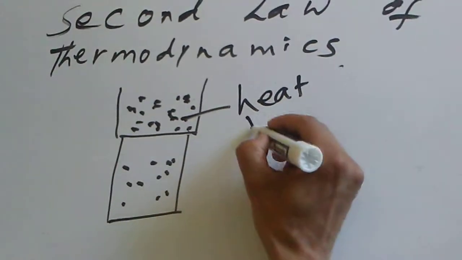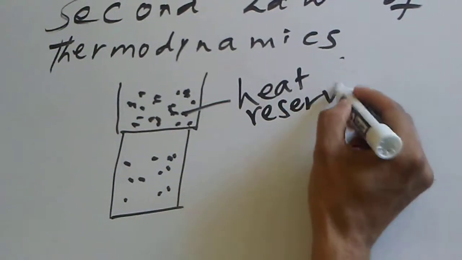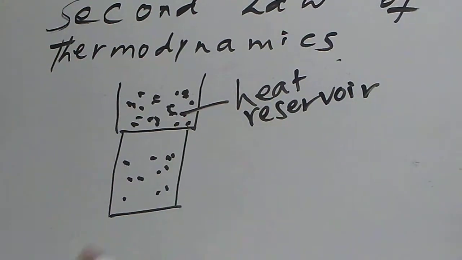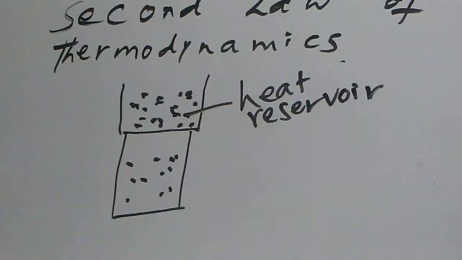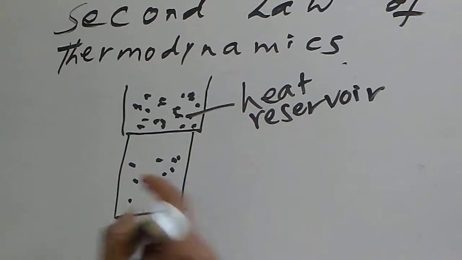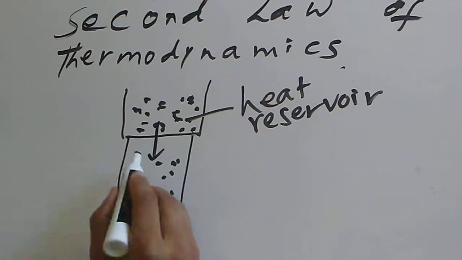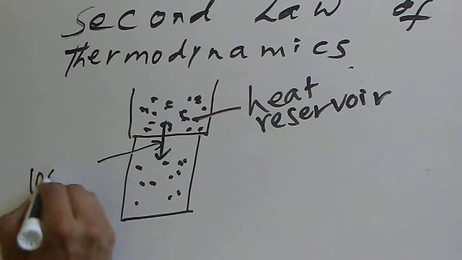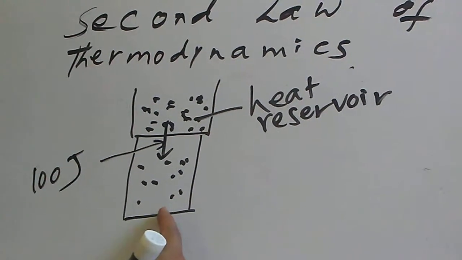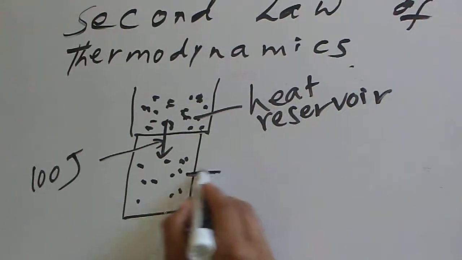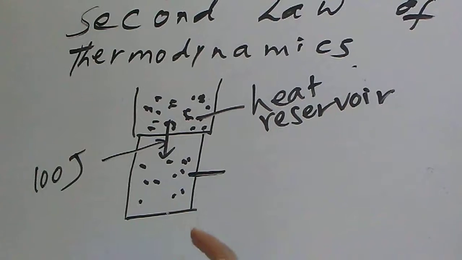We call it a heat reservoir. No matter how much heat it gives to this engine, the heat doesn't get depleted, so it remains the same amount, a lot of heat. And this is the engine. This heat reservoir gives, let's say, 100 joules of heat to this engine, and inside the motor there is a thing that rotates.